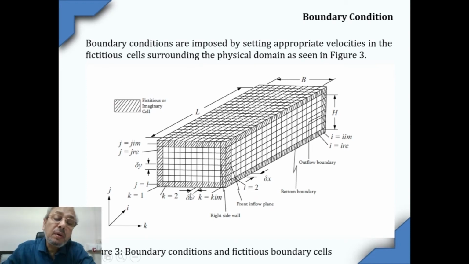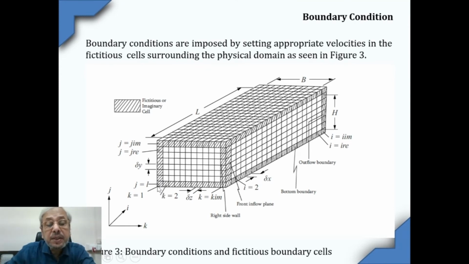So what we can conclude from this slide is that in x direction we have I equal to 1 to IIM cells. In y direction we have j equal to 1 to JIM cells.